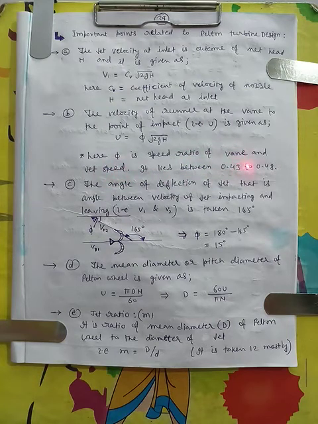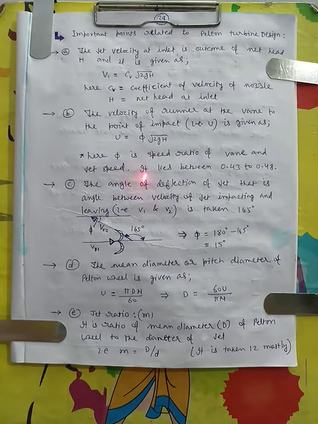Jet speed means V1, vane speed means U. So phi is the ratio of U and V1. So U is given by phi into under root 2gH.